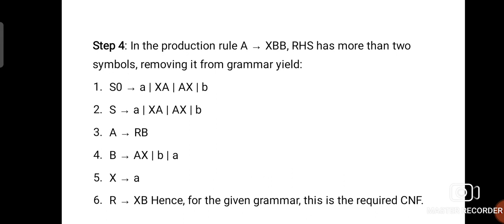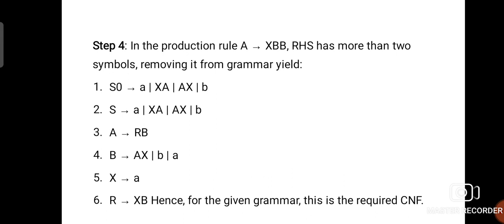So to eliminate A tends to XBB, we will use another non-terminal R, that is R tends to XB. We will use one additional production rule, R tends to XB. Now we can substitute R in the place of XB. Now this production rule becomes A tends to RB, R tends to XB.